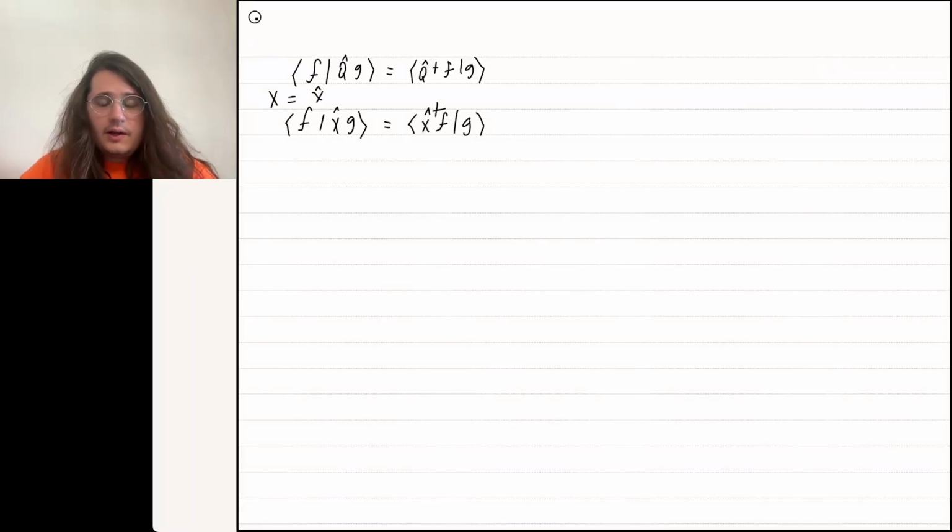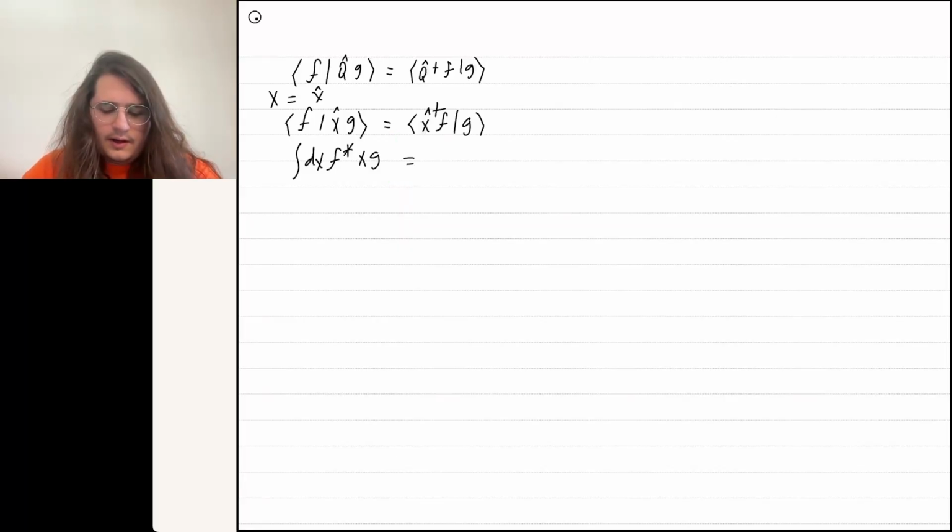And for a lot of these, just look at the integral definition of the inner product instead of the inner product notation, because if you turn it this way, then you know that it's the integral dx of f star with x acting on g, right?